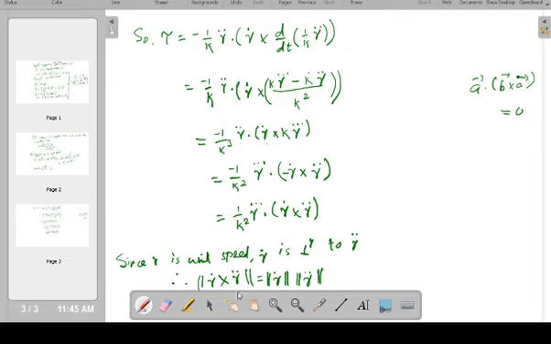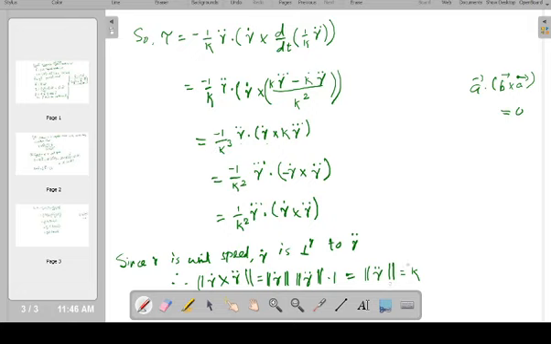So sine pi by 2 is 1, modulus is 1. So into 1. So this is equal to, now gamma is unit speed, norm of gamma dot is equal to 1. So this is simply norm of gamma double dot. But norm of gamma double dot is my curvature kappa.